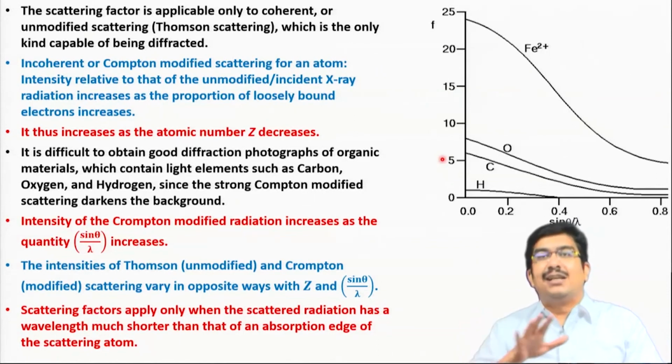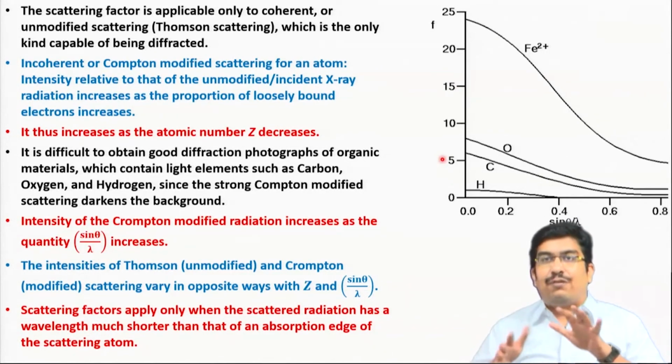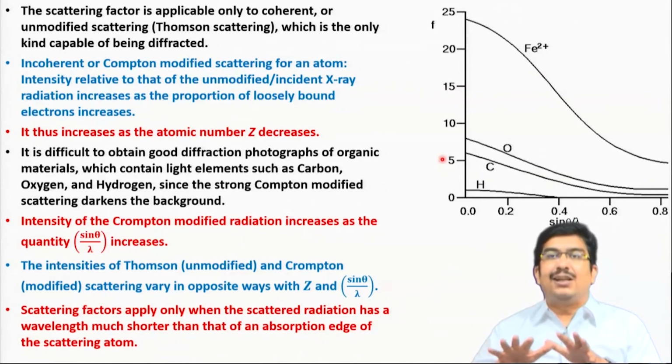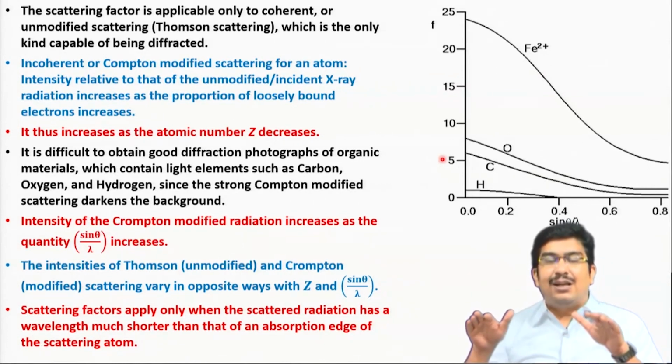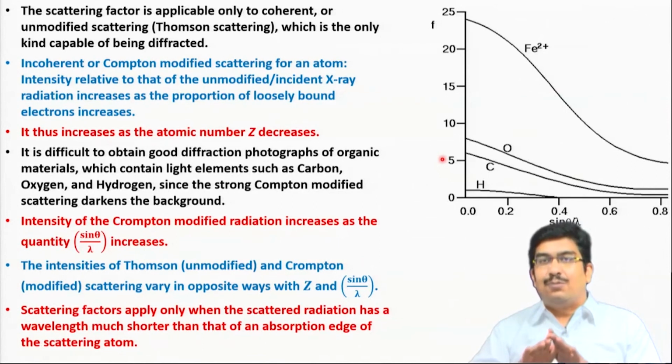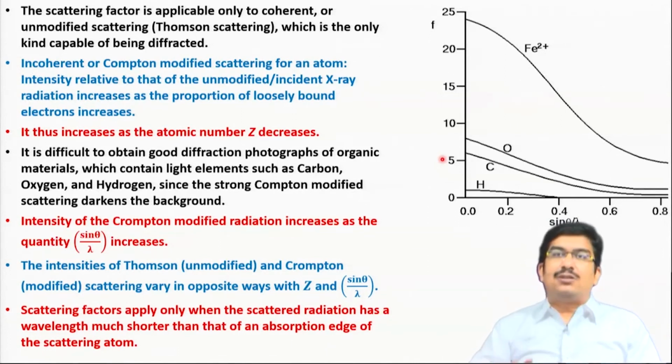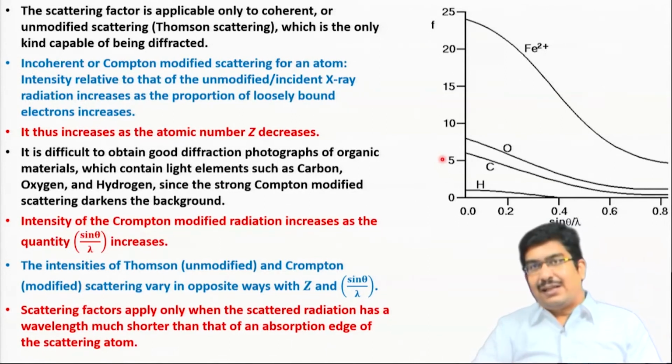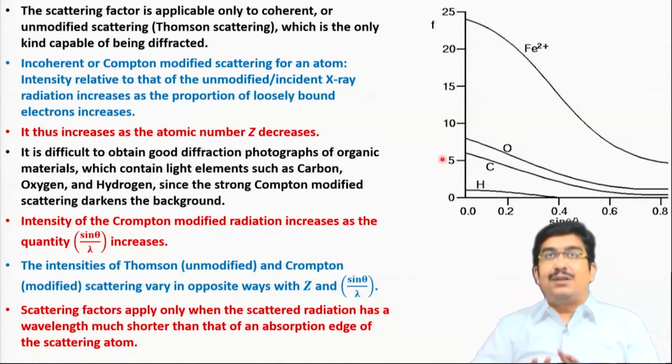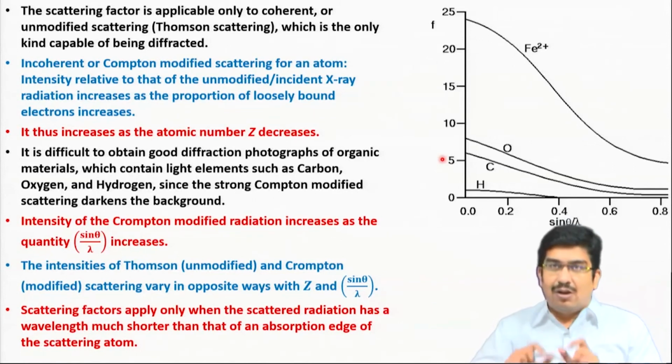The way Thomson and Compton scattering vary with sin theta by lambda will possibly mitigate each other, or balance each other. So that is the importance of considering Compton scattering in addition to Thomson scattering in the atomic scattering factor. The point is, atomic scattering factor does not know whether it is Thomson scattering or Compton scattering. All it knows is that expression, that is the power of that expression.